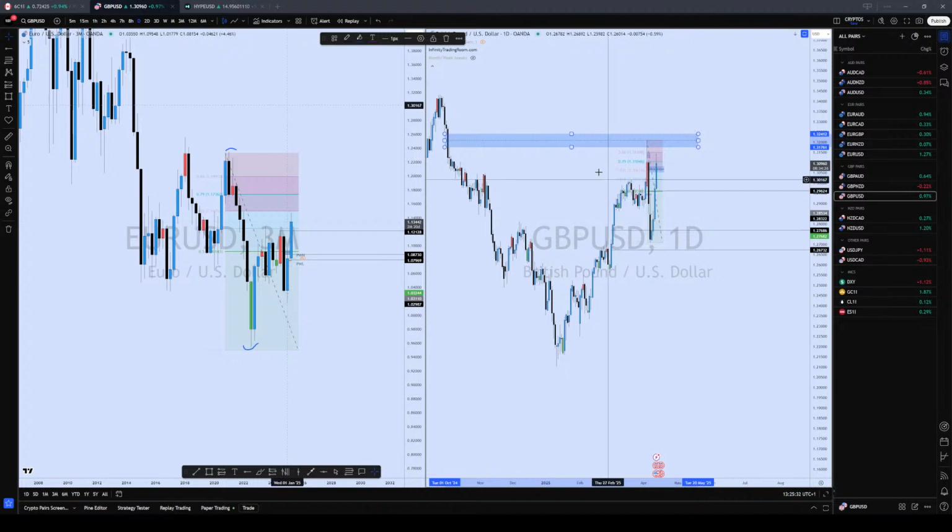But if you are trading British pound, I don't recommend longs right now. If you're gonna go long, choose the euro, choose the Australian dollar or the New Zealand dollar. Don't choose longs on the British pound.